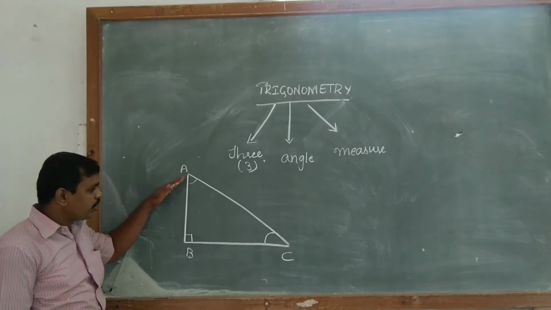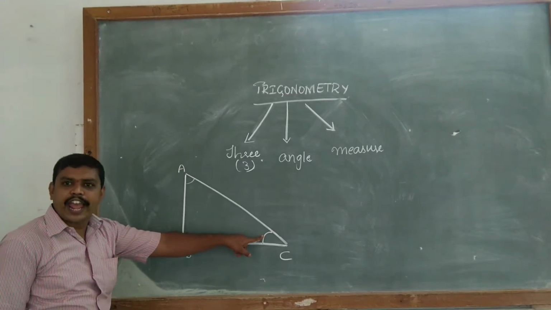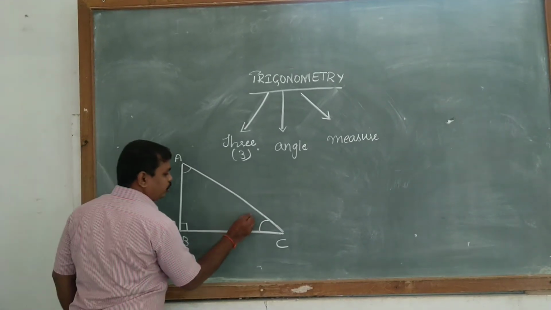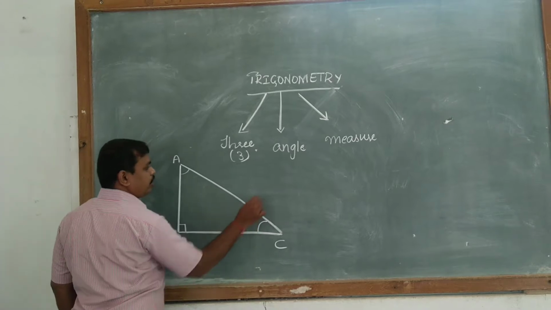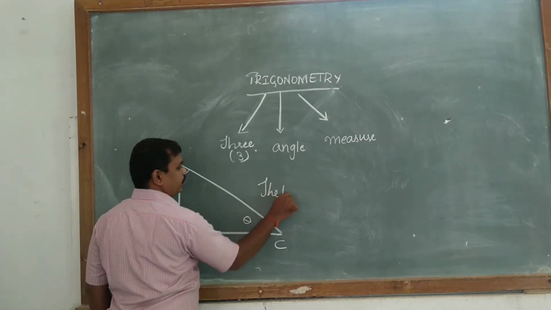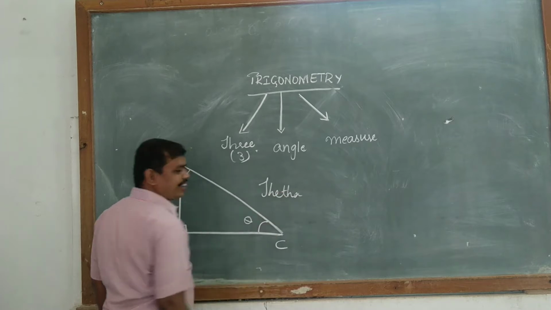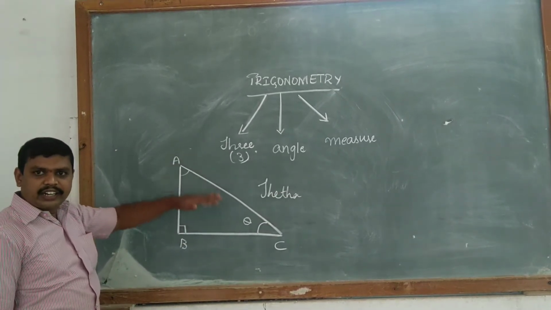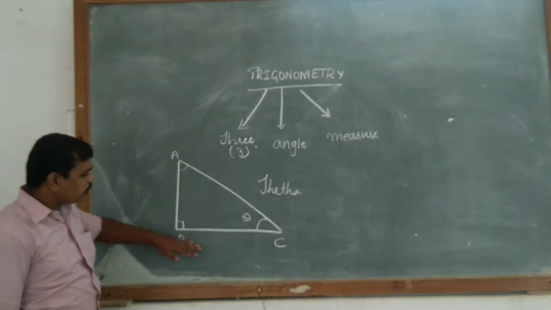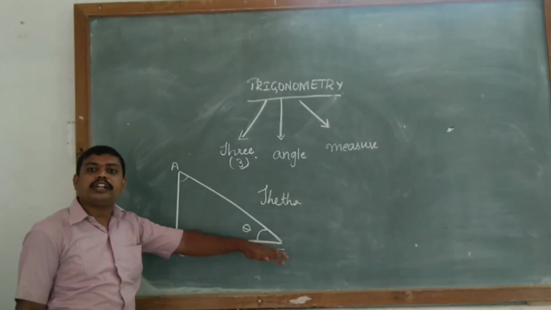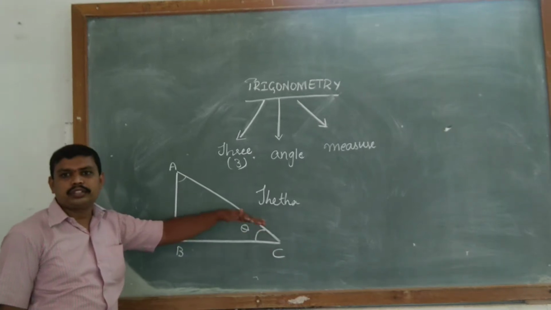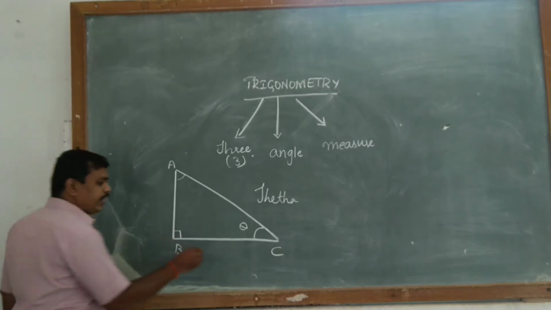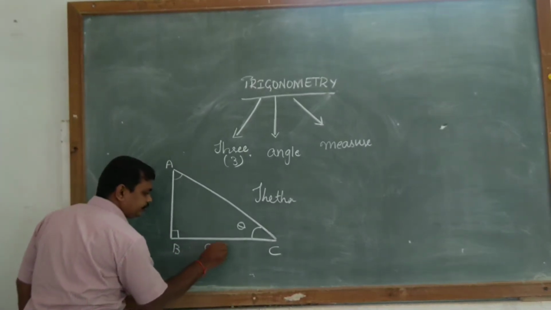Now, this is called an angle here. So, let us take that angle to be theta, which means an angle over there. Now, this is a right angle triangle with 3 sides. This BC is called as a base, or you call it the adjacent side.